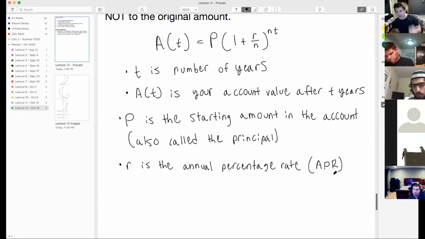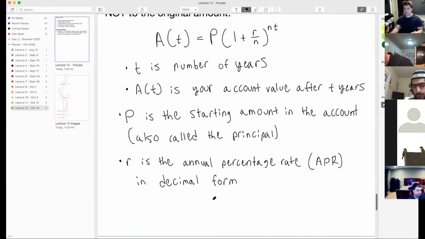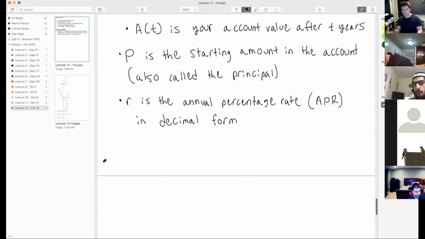So it's your annual percentage rate, or APR, in decimal form. You have to convert that percentage into a decimal. And then finally, n is the number of times you're compounding in 1 year.